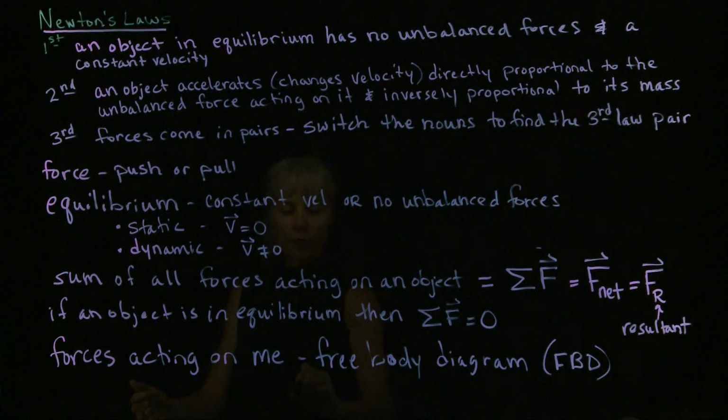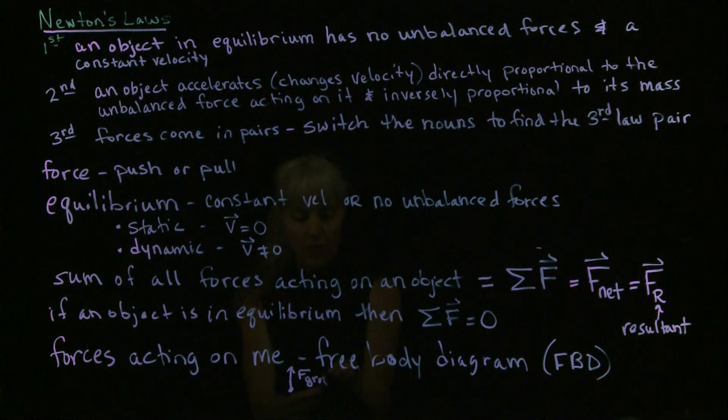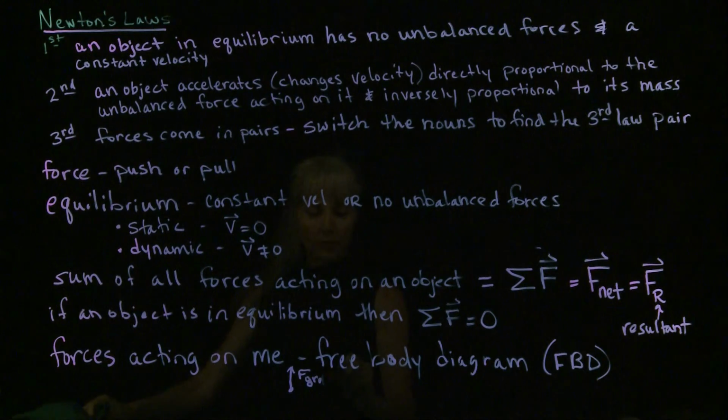So we're drawing a free body diagram for me. So there are 2 forces acting on me. There's the force being exerted by the ground on me, and then there's the force being exerted by the earth on me.